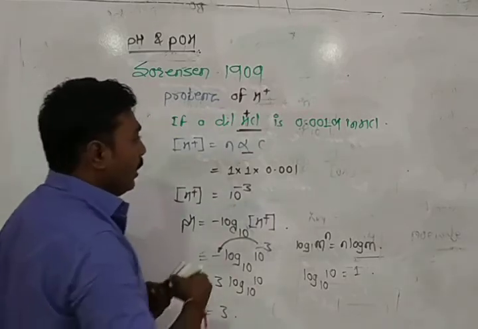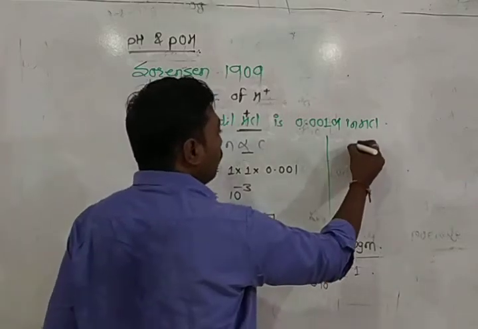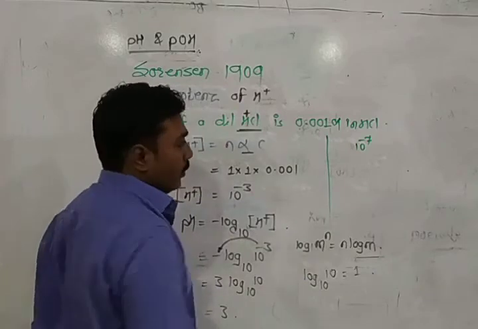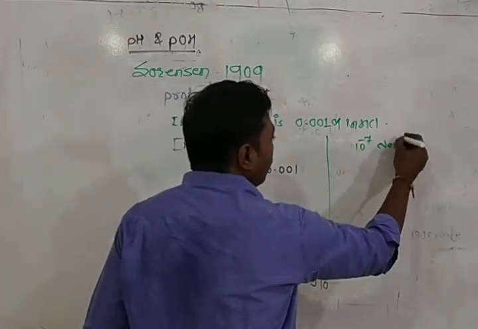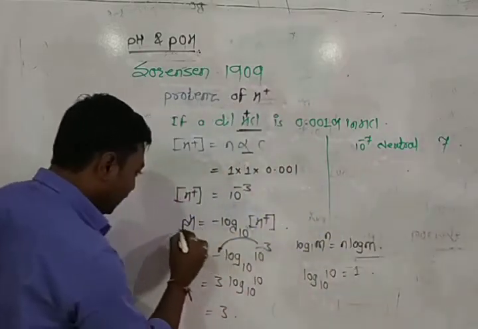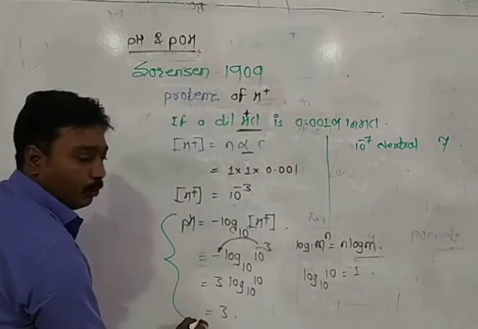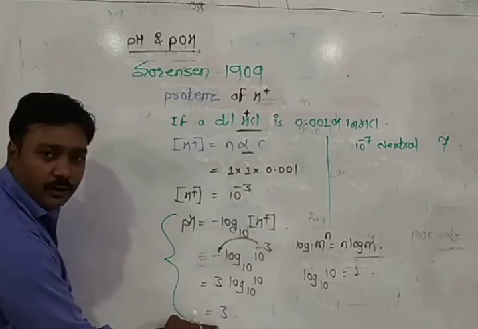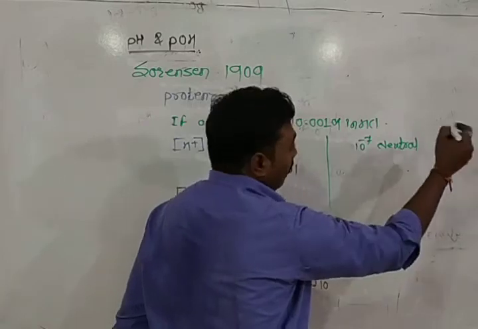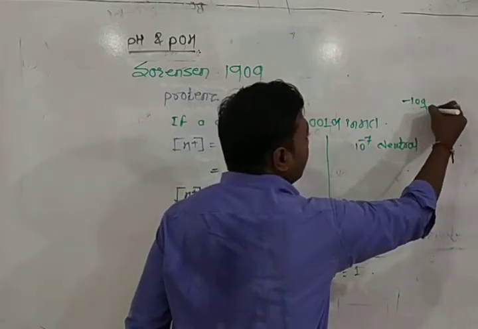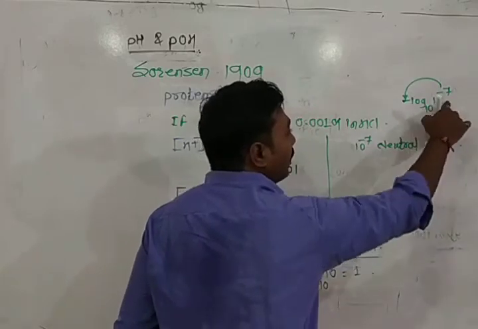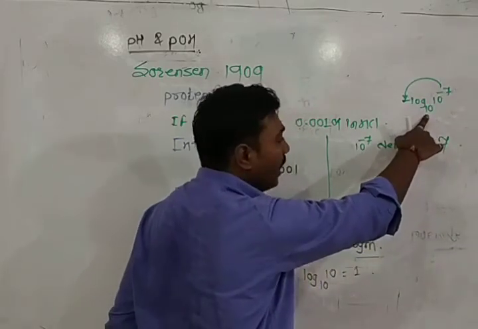Now look at the concentration value 10 to the power minus 7. The solution will be neutral, and for that pH will be 7. For 10 to the power minus 3 pH was found to be 3. Therefore for 10 to the power minus 7, pH will be minus log to the base 10 of 10 to the power minus 7, into minus 1, plus 7 log 10 to the base 10, which is 1.